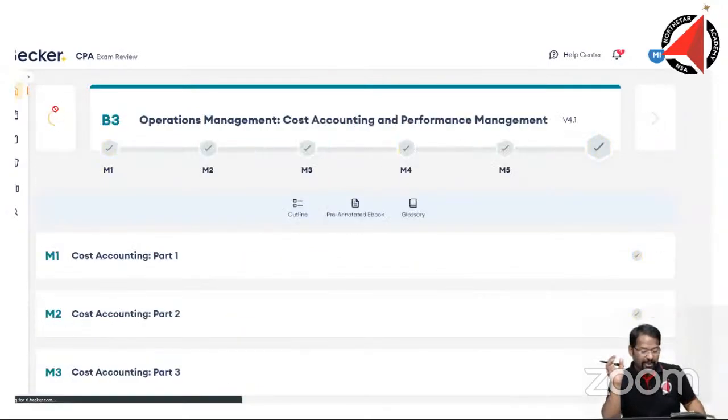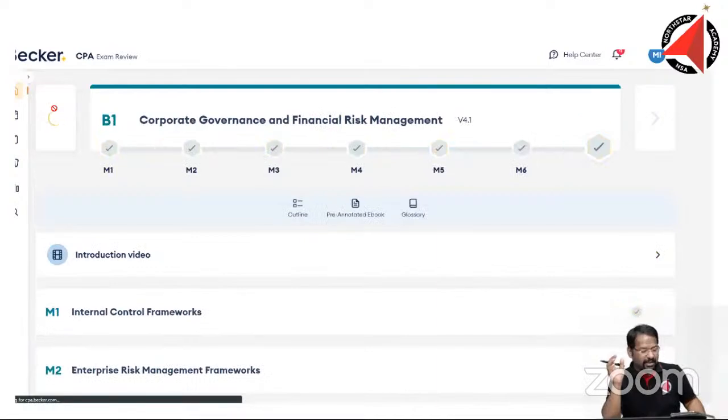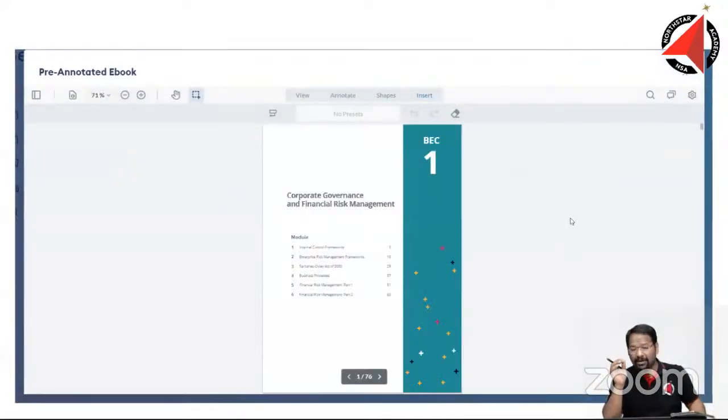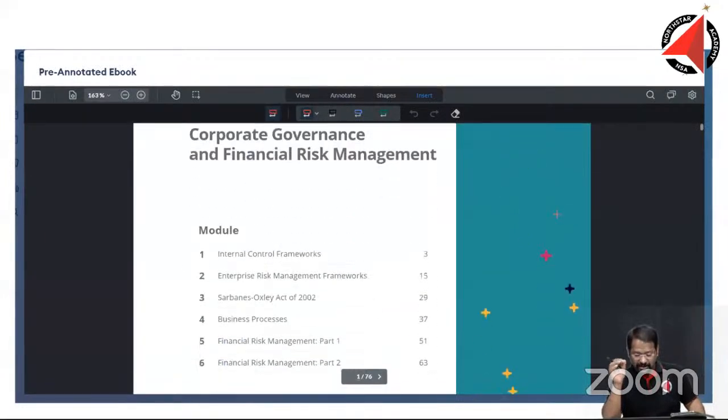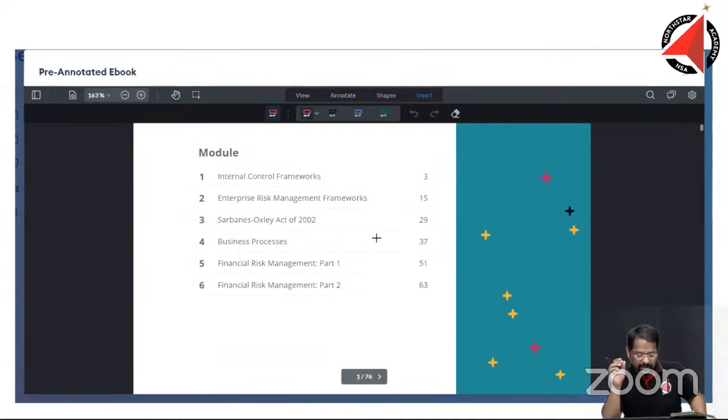If you look at section 1 also, it's not very, very big. The theoretical part of it is not so much, and it can be covered quite easily. Just 76 pages. In fact, out of 76 pages, financial risk management 1 and 2 is practical, so you don't have to worry about that. The first 4 chapters is what is theoretical that we have to worry about.